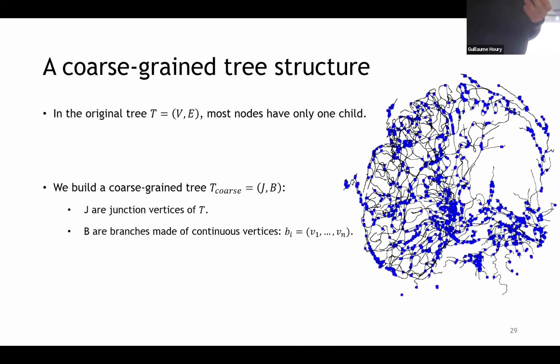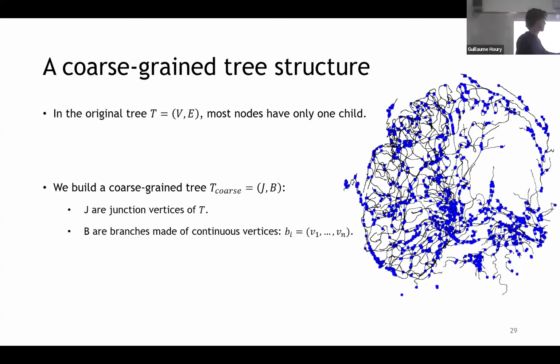And this kind of strategy is especially suited here because although our full tree contains thousands of nodes, most of them don't really contain any topological information, and only hundreds of them are actually located at a branch of the tree.